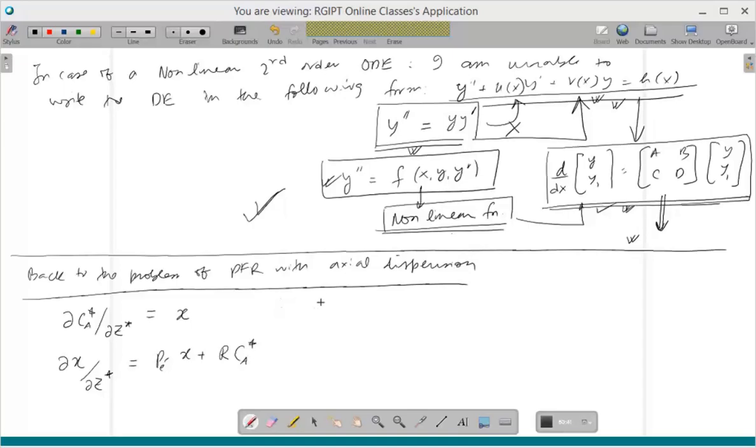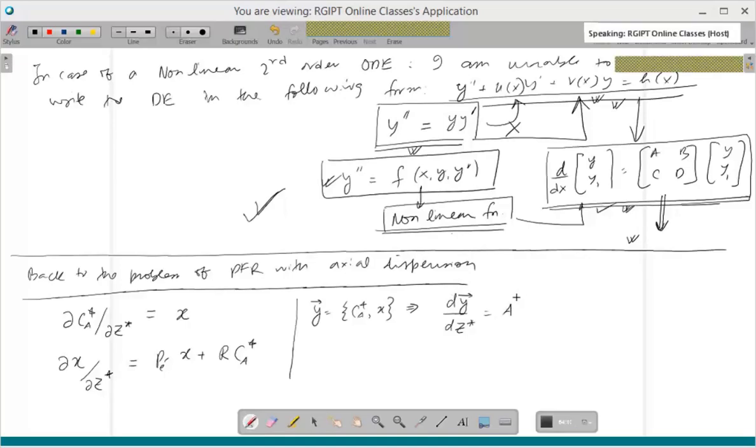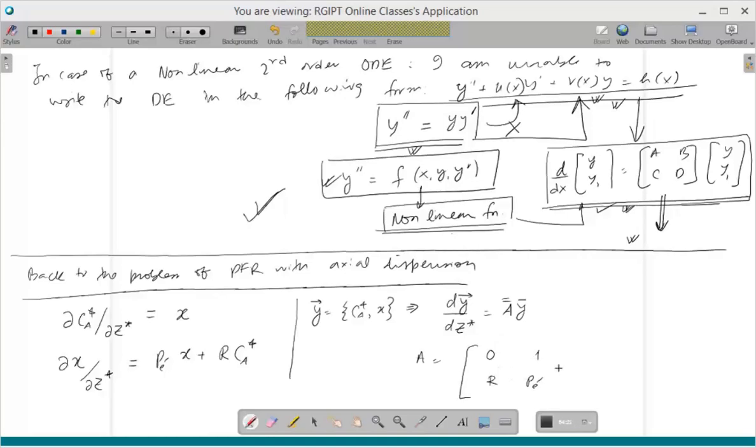If I define a vector quantity y, which is essentially C star and its derivative with respect to x, that would imply I can write this as dy by dz star equals a matrix A times y, where A will have a form that looks like 0, 1, and so on.